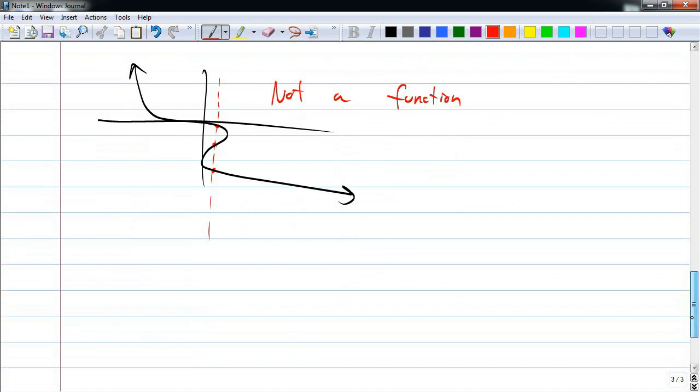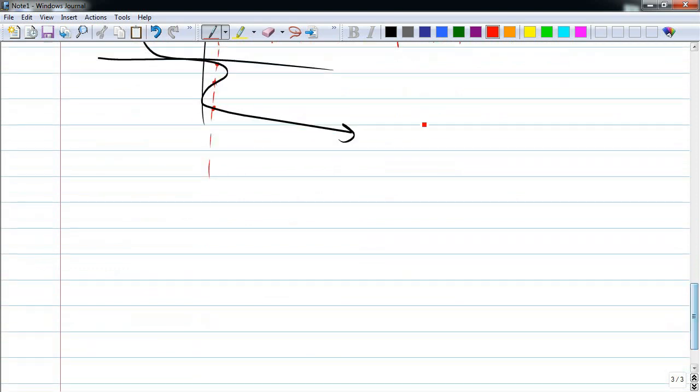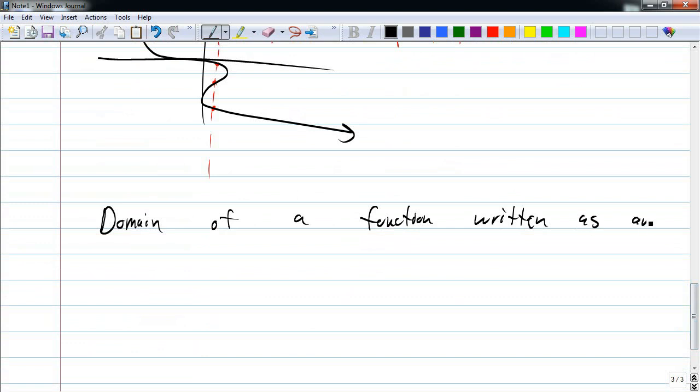What I really want to talk about is the domain of a function written as an equation. Okay?